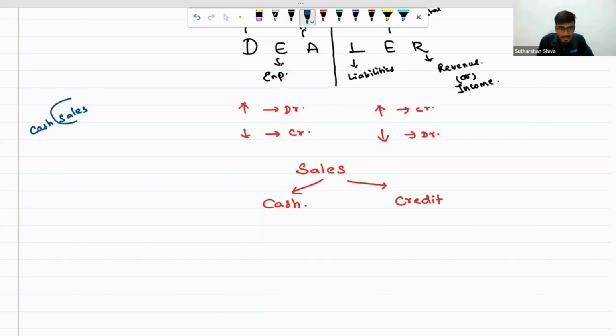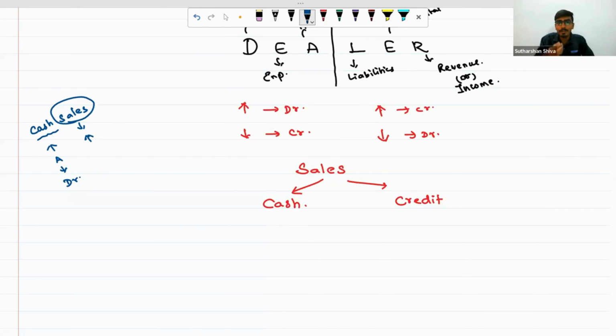Sales is a revenue generating activity, that is an inflow to the business. It has been increasing. I am getting some cash. Cash is nothing but an asset. Asset will also increase. So asset increase, I will debit.